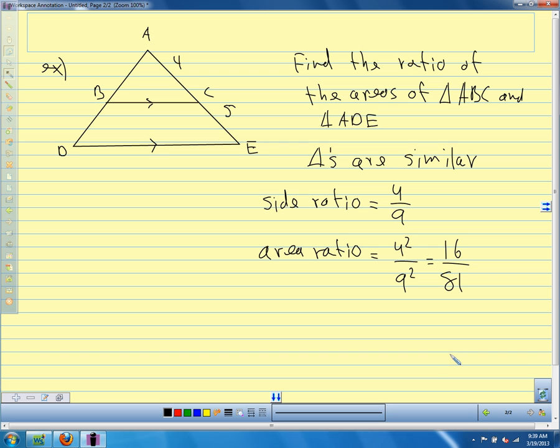And usually when you write a ratio, you're going to want to write it as a fraction. Are you ever going to reduce? Yeah, if you can reduce, you would reduce. So our area ratio is going to be 16 over 81.